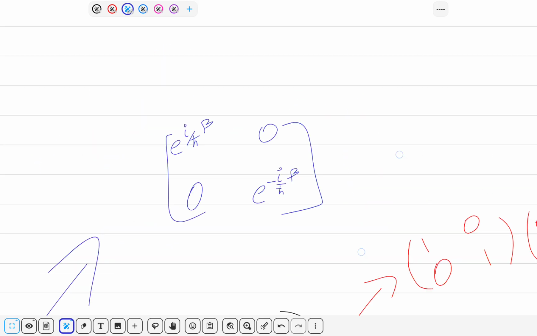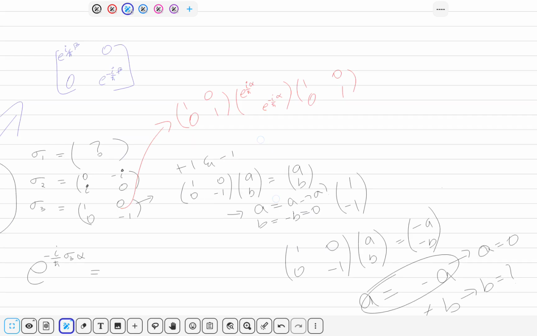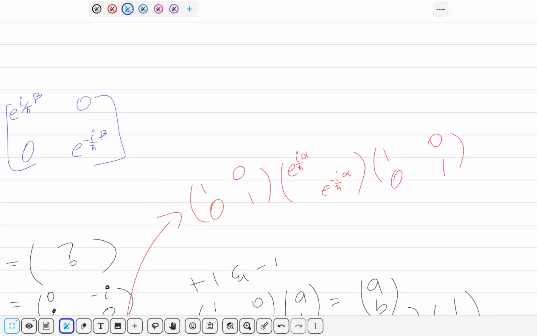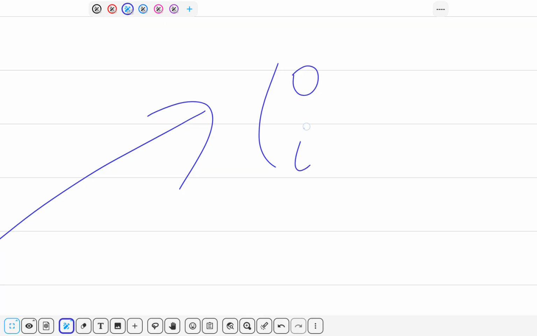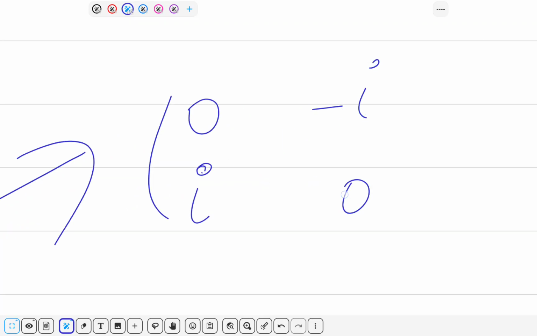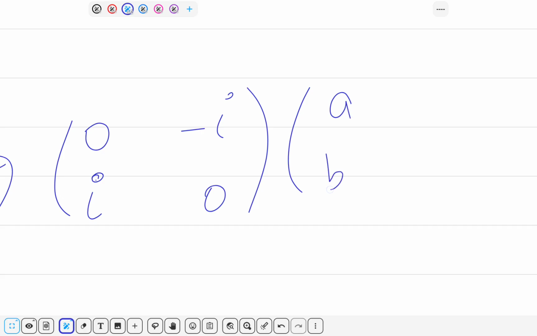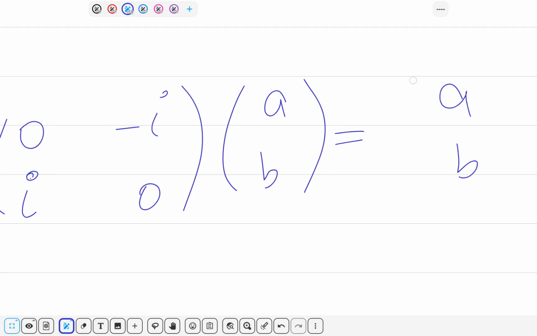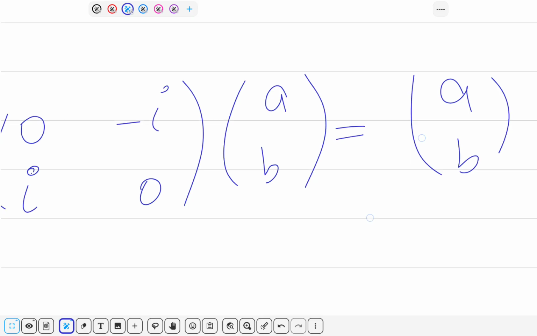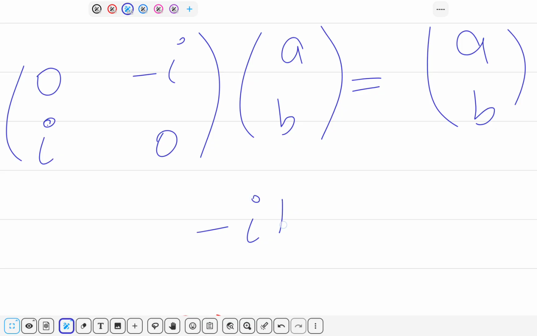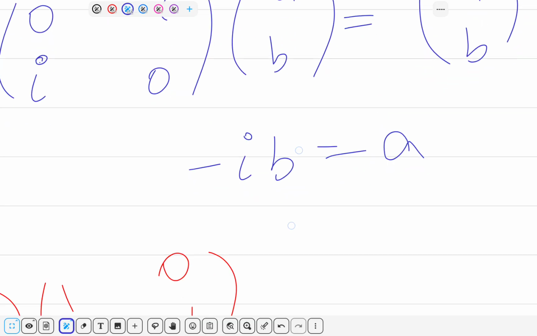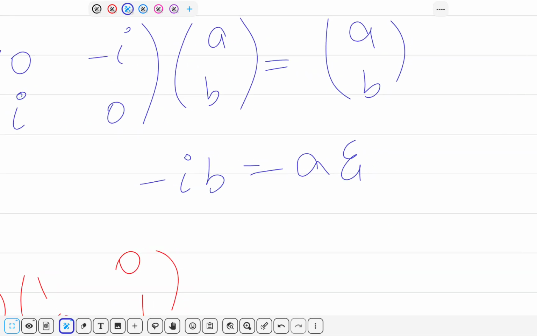And the tough part will be this one. Let's calculate that and keep going. What is this again? 0, i; minus i, 0. So for the first eigenvector, minus i times b is a, and a times i is b.